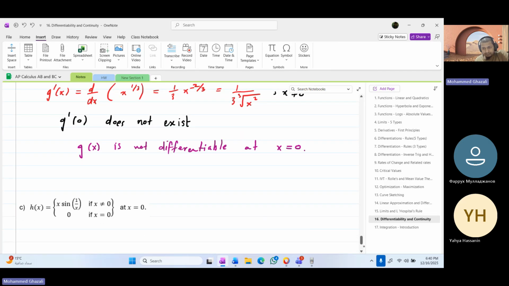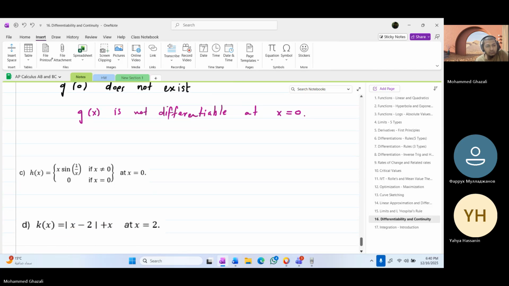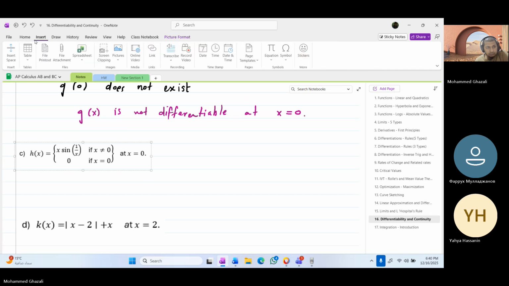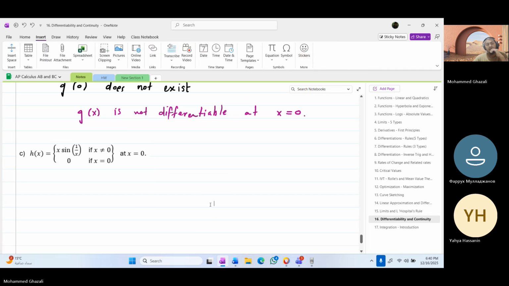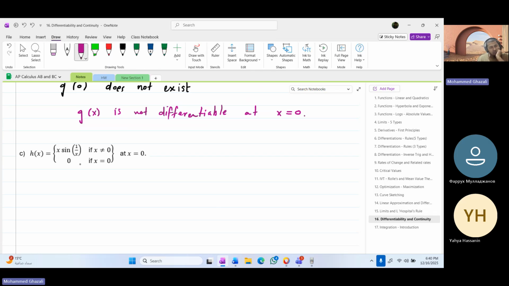What about this one? h of x is equal to x sine 1 over x. So now be careful, because this is x is not equal to 0, and 0 at x is equal to 0, right? So we're checking for differentiability.